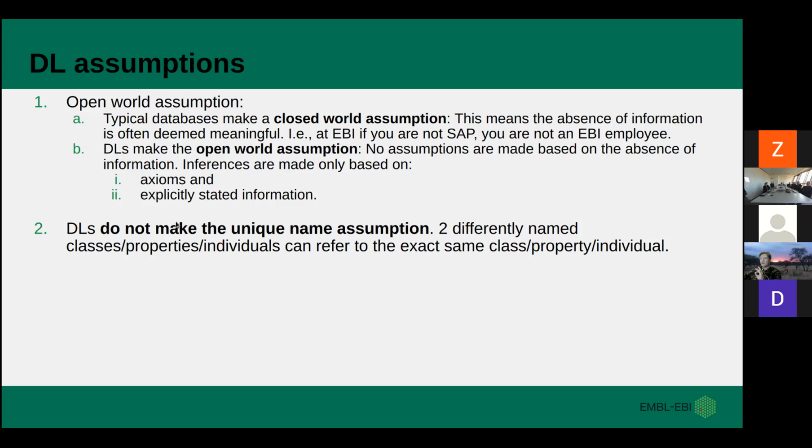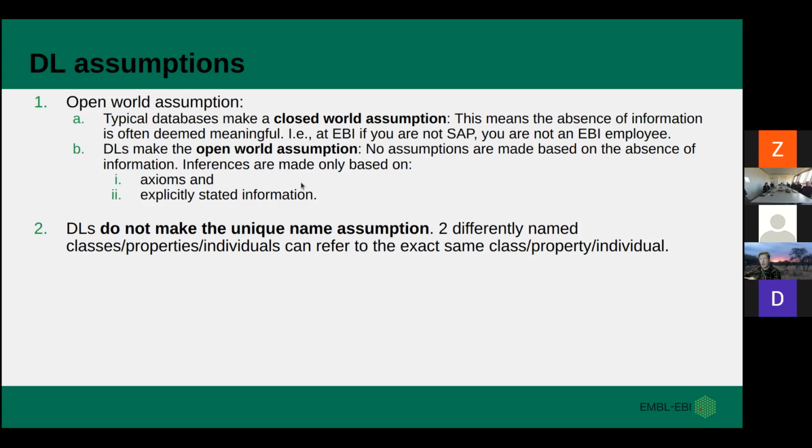The other thing that is perhaps also not so obvious for people coming to DLs for the first time is that DLs do not make the unique name assumption. So if I go again to the SAP database and I notice that we have two individuals there, one Mary and one John, I will not for a moment think that these two individuals are the same individual.